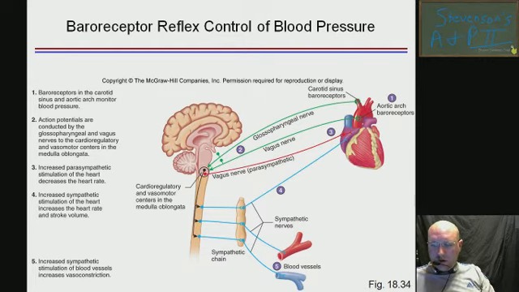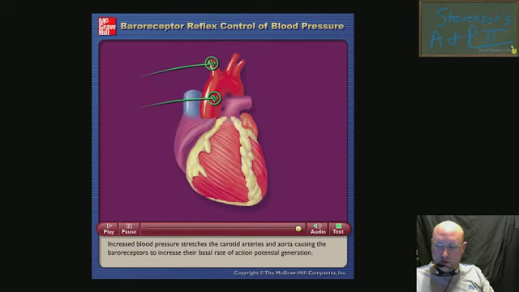Increased parasympathetic stimulation of the heart will decrease the heart rate, and increased sympathetic stimulation will increase the heart rate. So parasympathetic decreases, sympathetic increases. Increased sympathetic stimulation of blood vessels increases vasoconstriction.